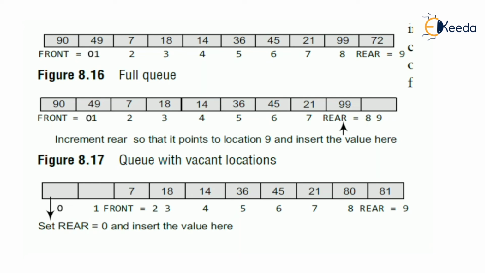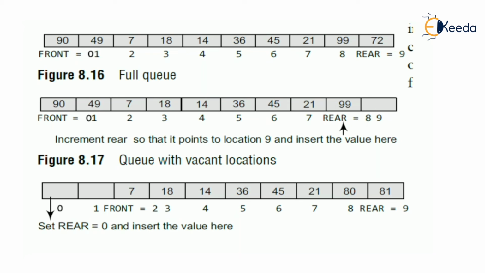Third one: in the third case, the rear is completely full, as we are considering the condition that front is not equal to 0 and rear is equal to max minus 1. Here this condition is true. Front is not equal to 0 and rear is also equal to max minus 1.